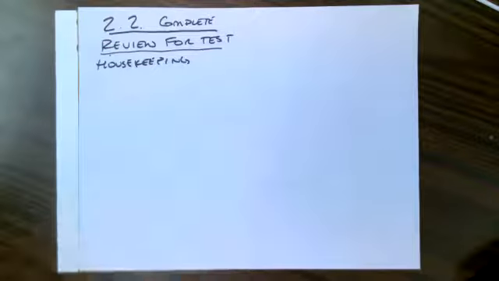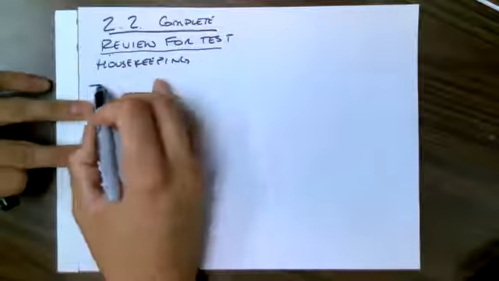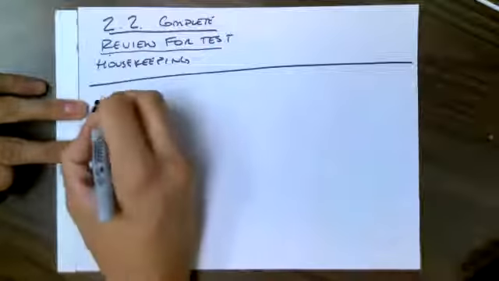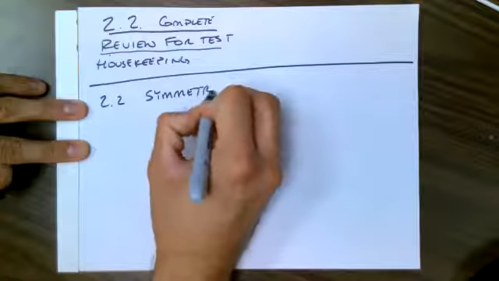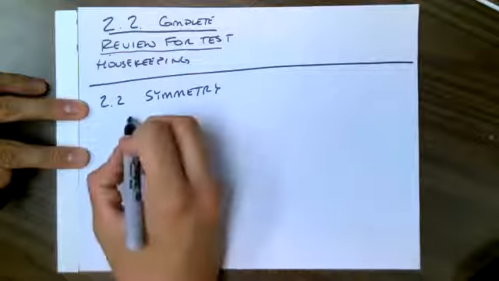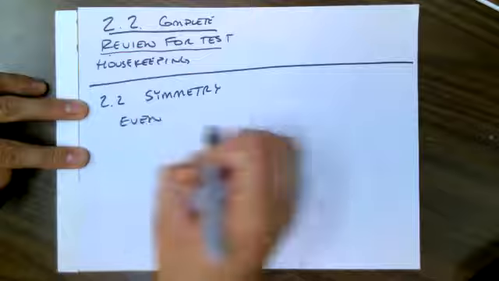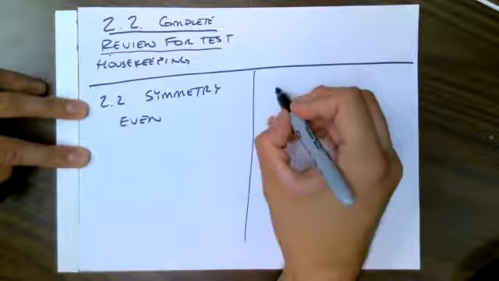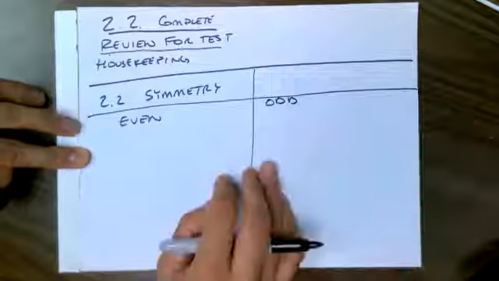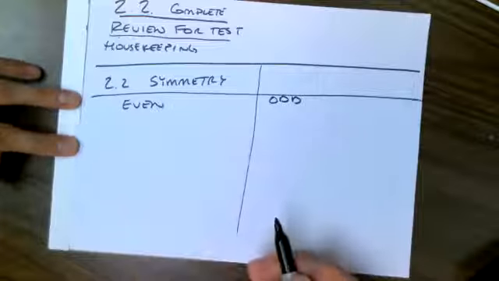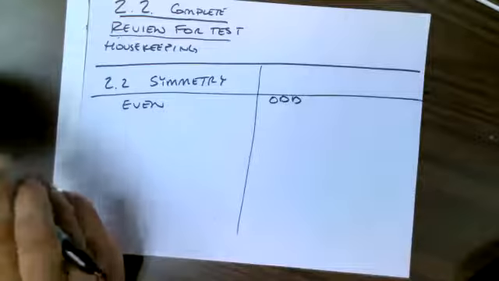So 2.2 starts with symmetry of functions. Now there's two types of symmetry. There's even, and then there's odd. Even symmetry means we're symmetric around the y-axis.